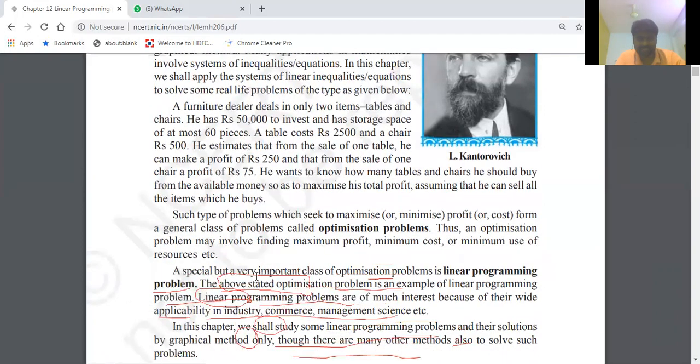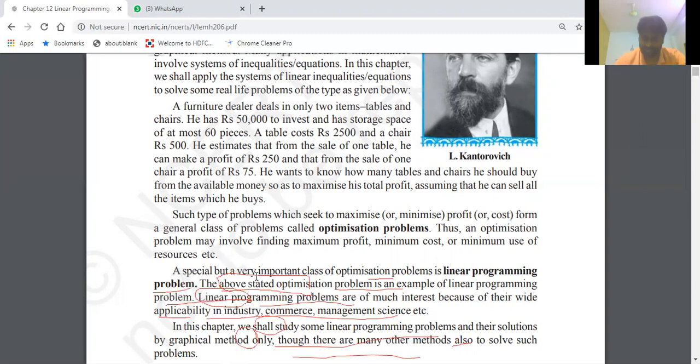Such types of problems which seek to maximize or minimize profit or cost form a general class of problems called optimization problems. In this, we are going to minimize or maximize some quantity. Those problems are called optimization problems, which we are going to discuss in this chapter.